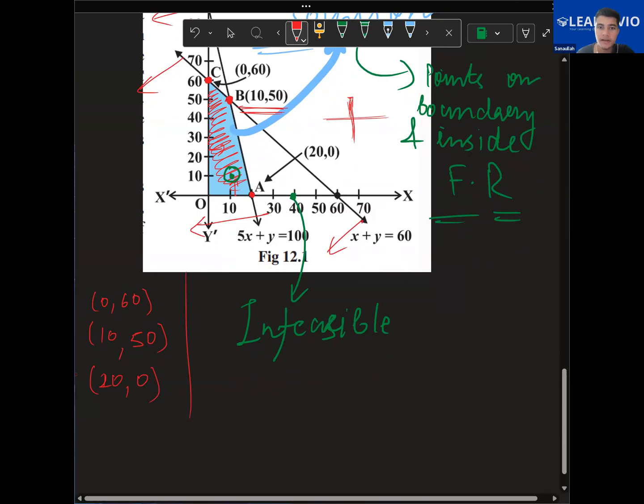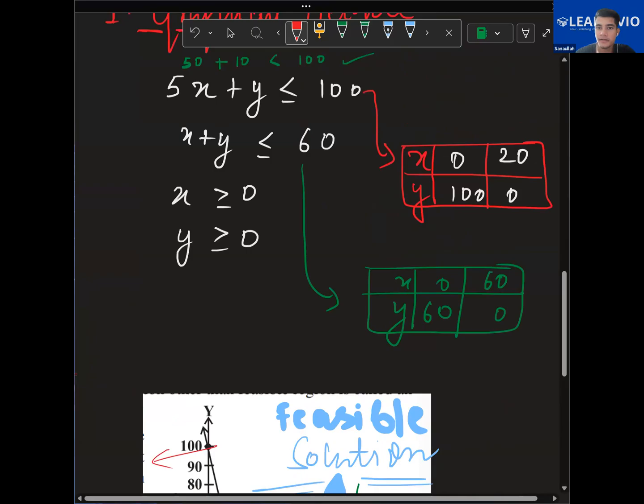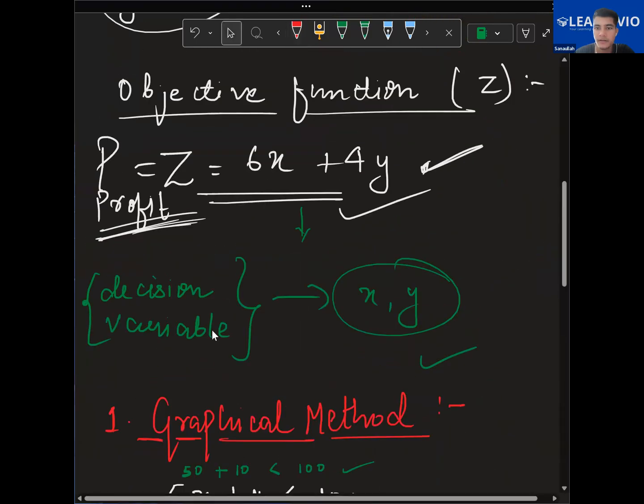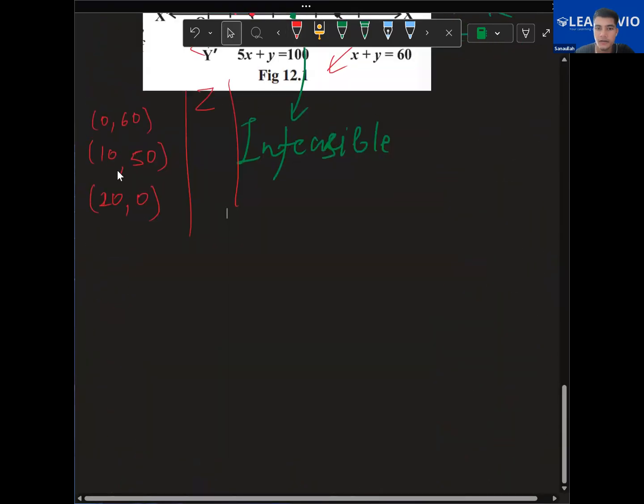And see, these all points are feasible points. They are on the boundaries of feasible region. So you have to consider only feasible points. Now on these points, if my question was maximize Z, तो मैं Z की मैक्सिमम वैल्यू निकाल लेता. If you have some objective function, you can find the values on these points.